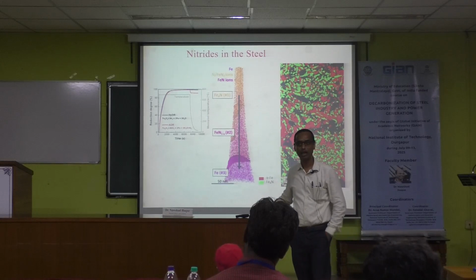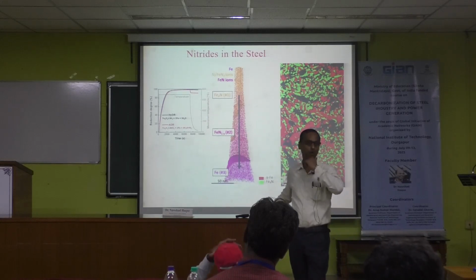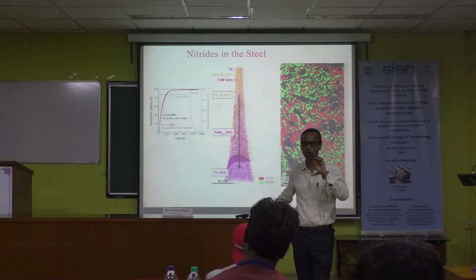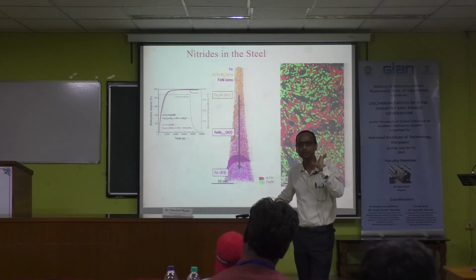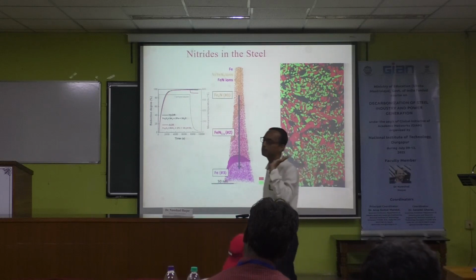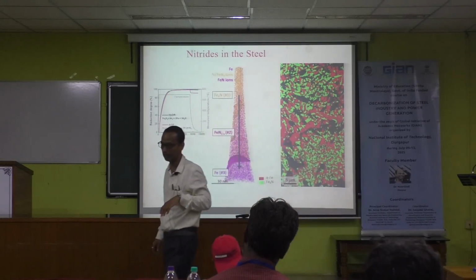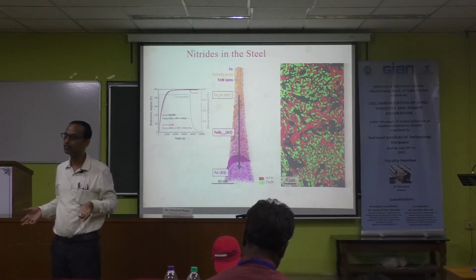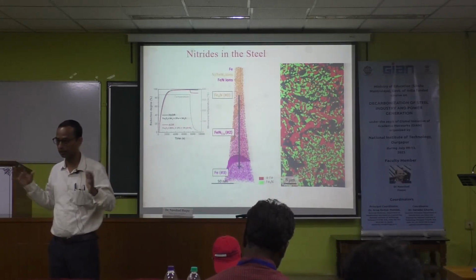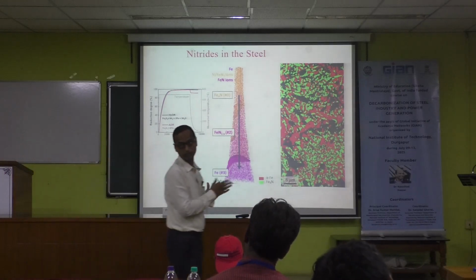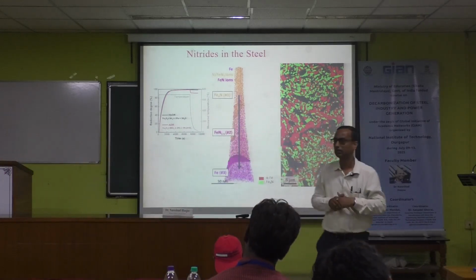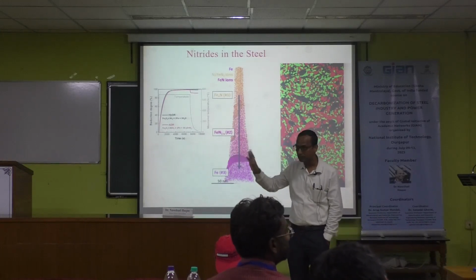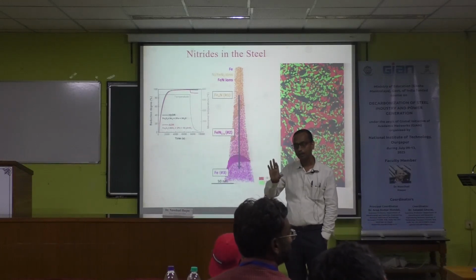But you have to think about how much nitrogen can be absorbed. There will be some limitation depending on the percentage, generally 4,000 ppm maximum nitrogen can be achieved. And some other parameters are also there; you can introduce more nitrogen. One of the parameters is the plasma, not hydrogen plasma, but nitrogen plasma.